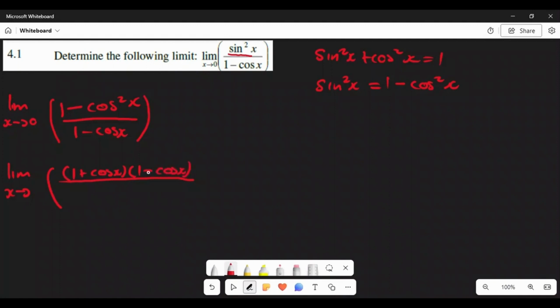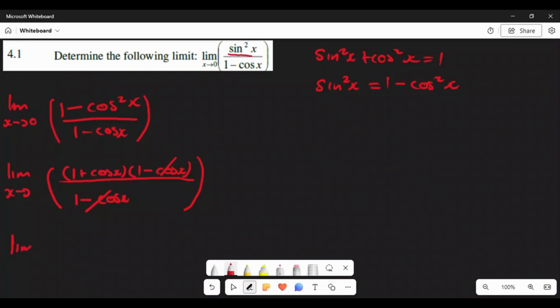If you remove the brackets, they take you back to the one on the numerator, and then we have on the denominator 1 minus cos x. As you can see, 1 minus cos x divided by 1 minus cos x, you're going to be left with 1 multiplied by 1 plus cos x.